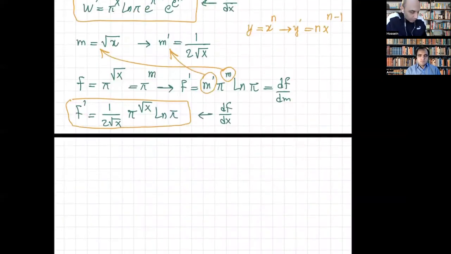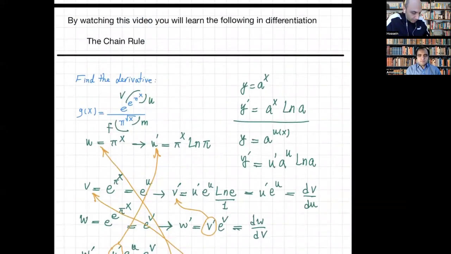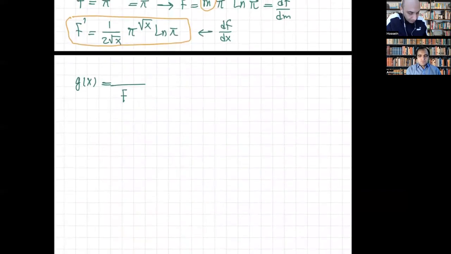So on the denominator, I have f, and then on the numerator, I have w. Yeah, you're rewriting the equation.